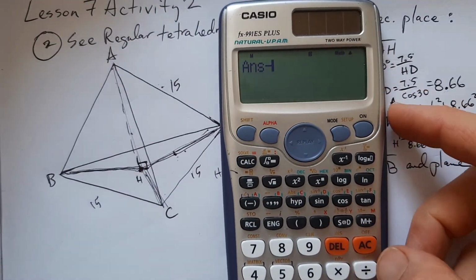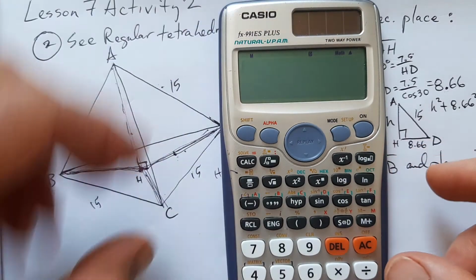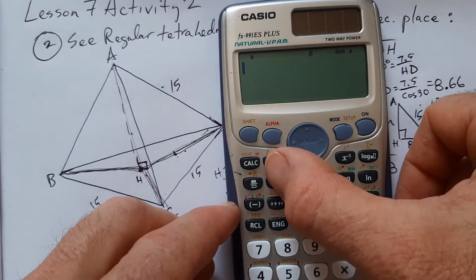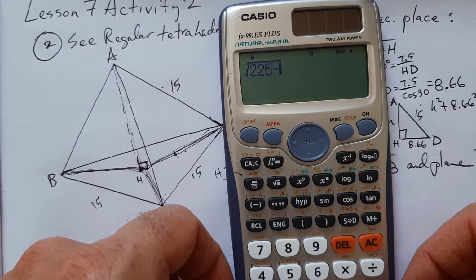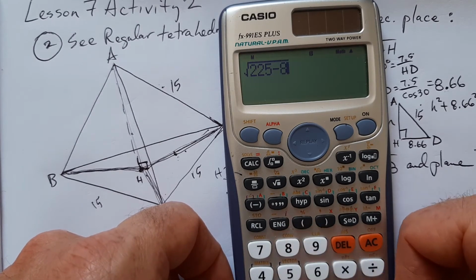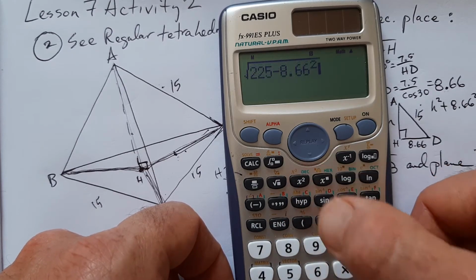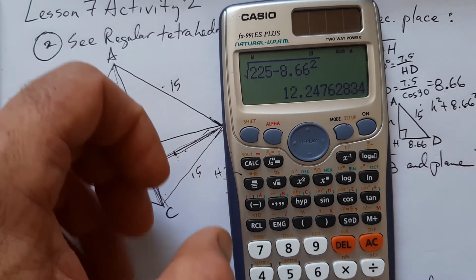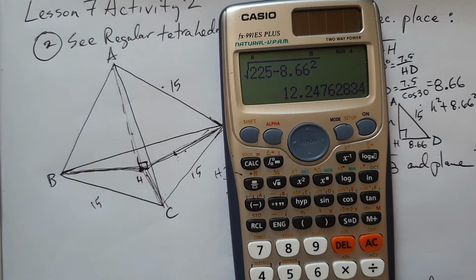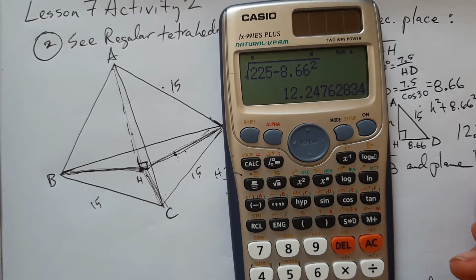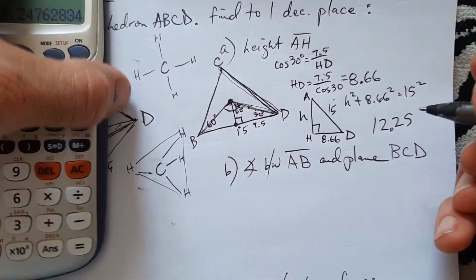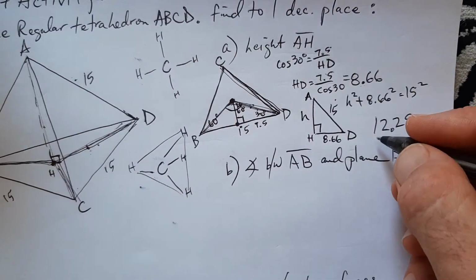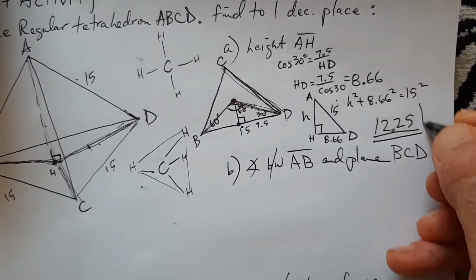So I'll have the square root of 225, 15 squared, minus 8.66 squared equals 12.25. Let's go 12.25. I like that number, 12.25. I don't know if it's centimeters or whatever. Let's just go 12.25.